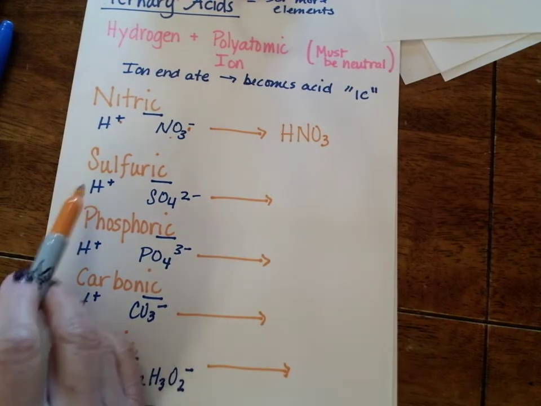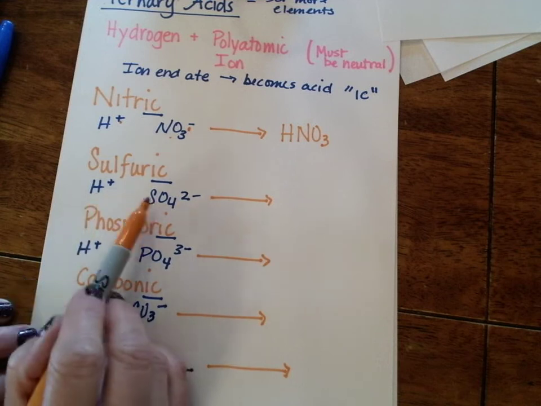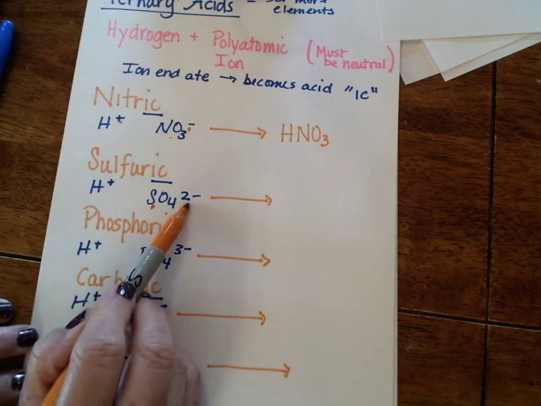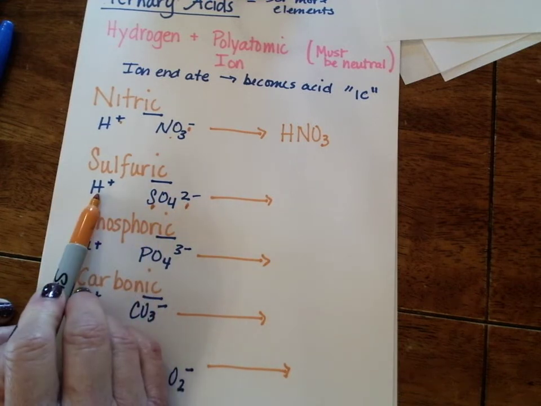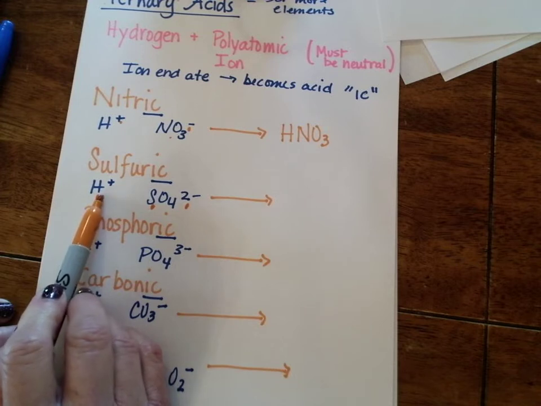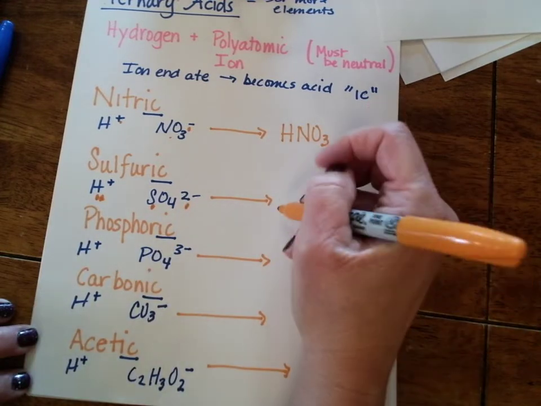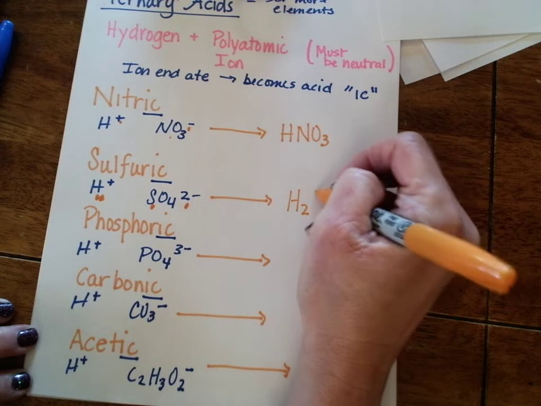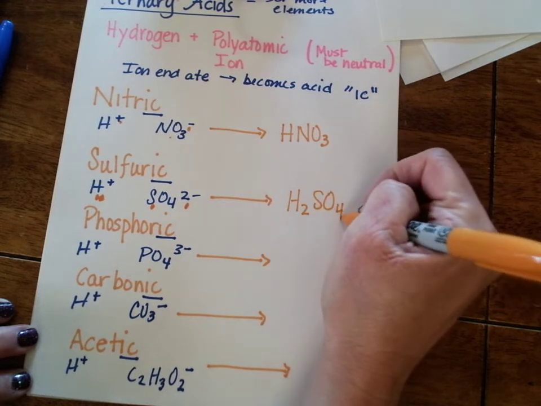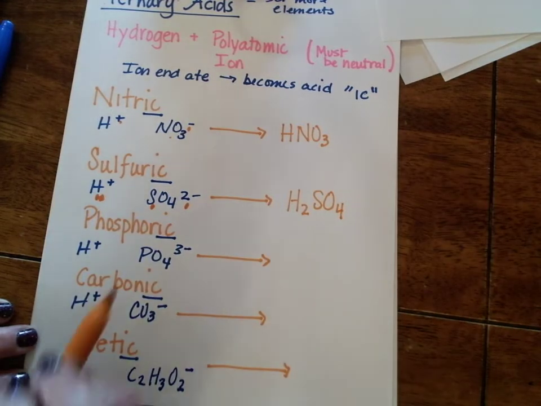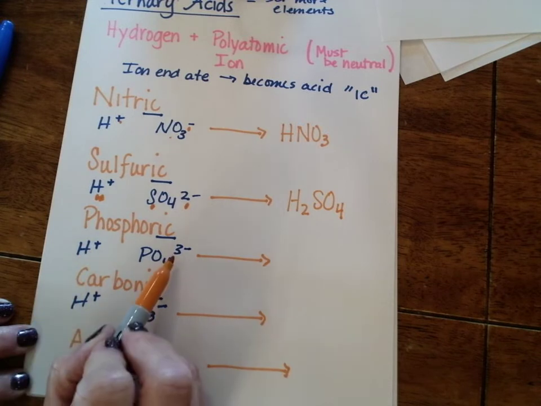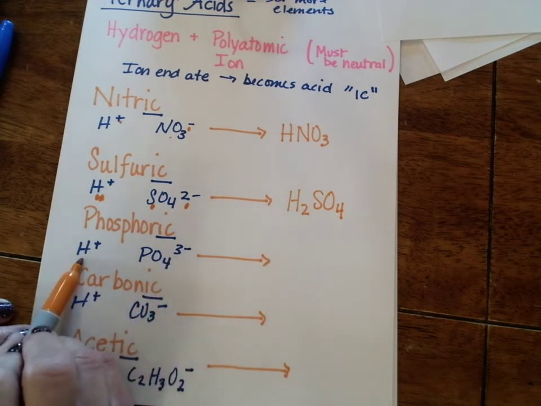Sulfuric, I know I have hydrogen plus my sulfate. This is a 2-. This is only a 1+. Tells me I need another one of these to cancel this out. So that becomes H2SO4. Phosphoric, I've got a 1+ to a 3-. Tells me I need 2 more over here.